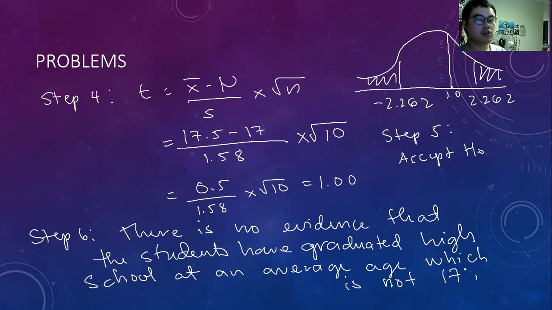Now a warm up regarding the T and the Z. The Z test is used when the population variance is known or the sample size is greater than or equal to 30. However, we use the t-test or t distribution if the population variance is unknown and the sample size is less than 30.